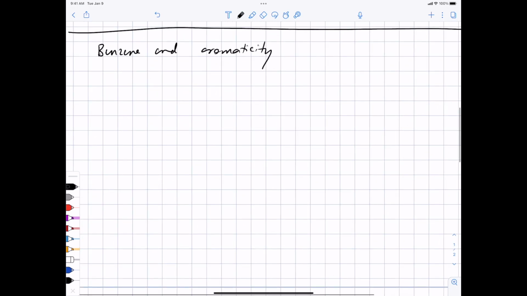And maybe this is best illustrated by a couple of examples.